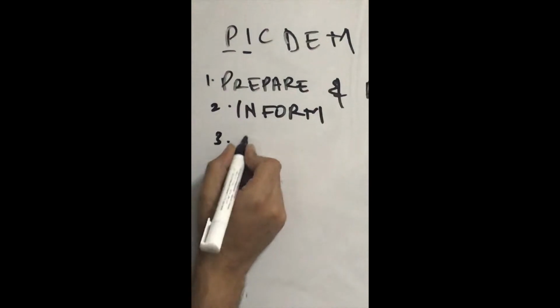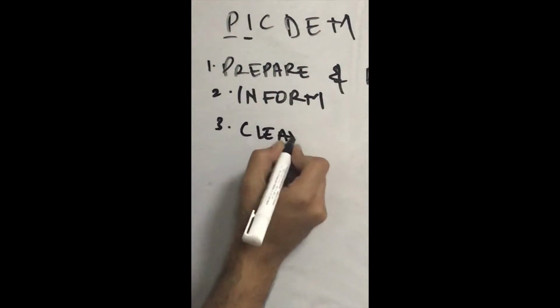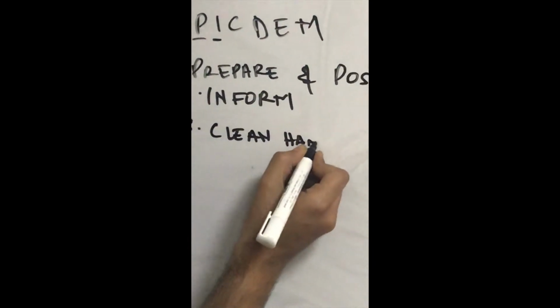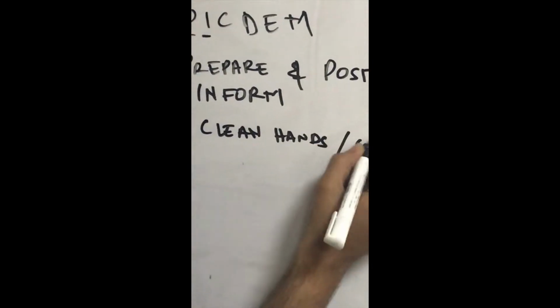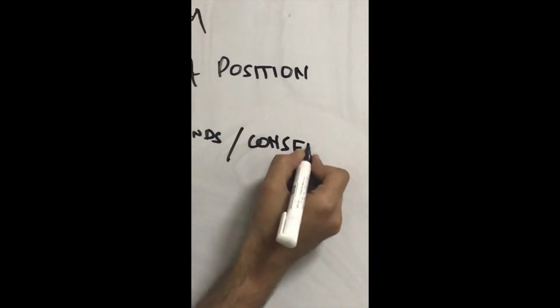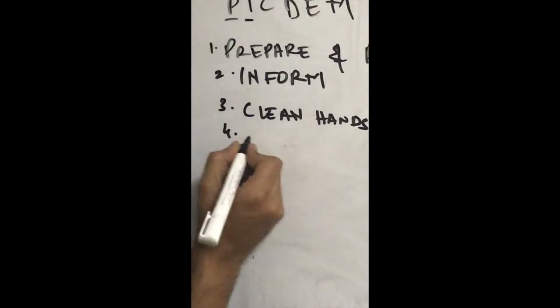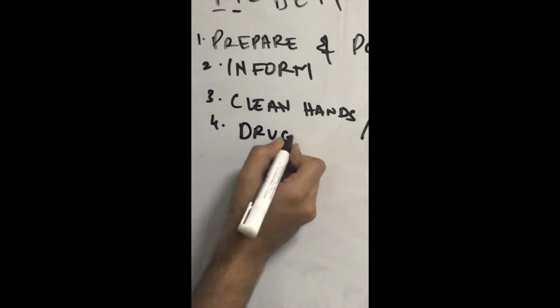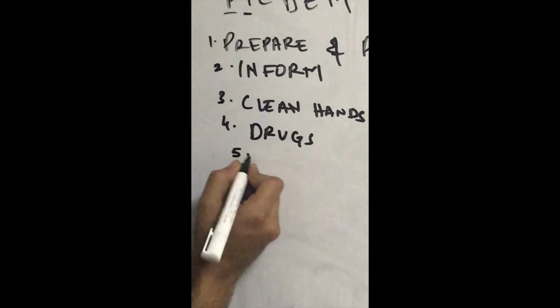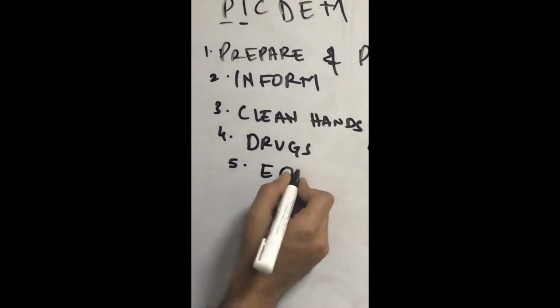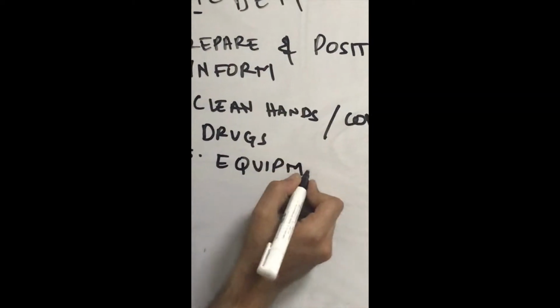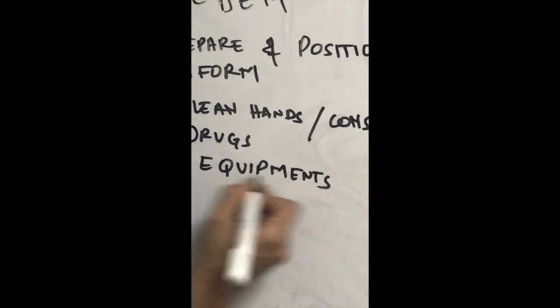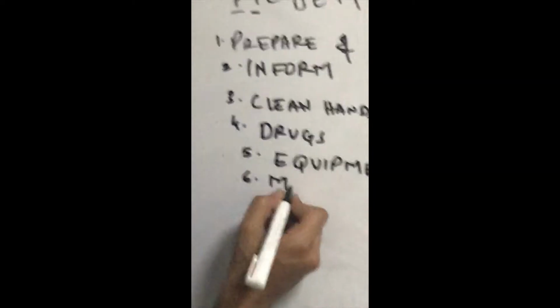C stands for clean hands, consent. D stands for drugs. E stands for equipments. And M stands for monitoring.